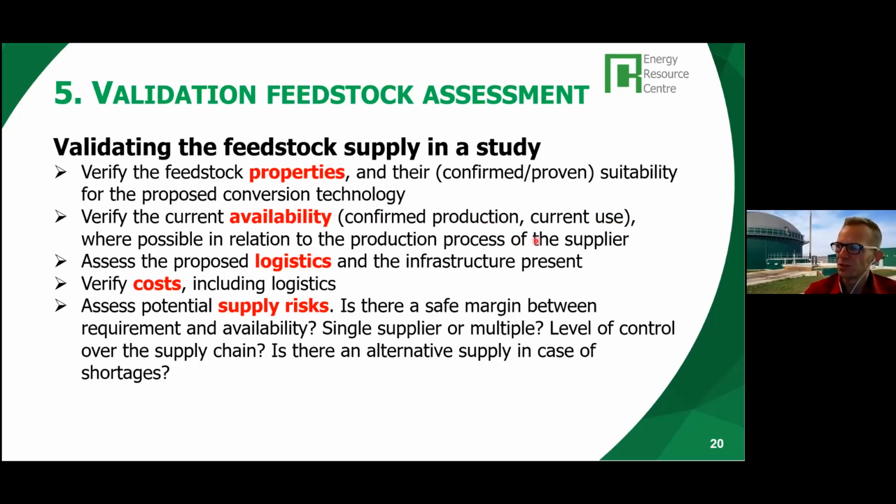So to make sure that, in fact, the amounts that are indicated to be available are more or less in line with what you could expect on the basis of the amounts of output being produced by the supplier. Say if you compare it to literature values that could be typical for the industry.